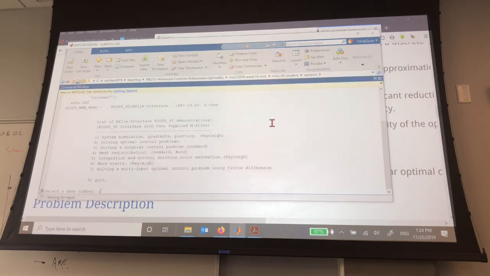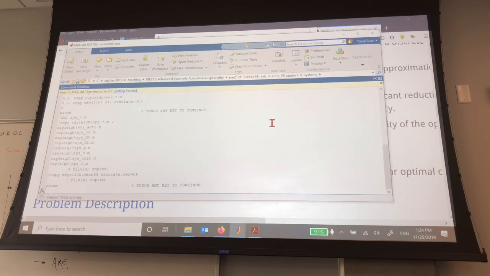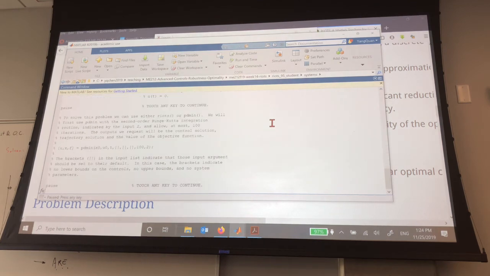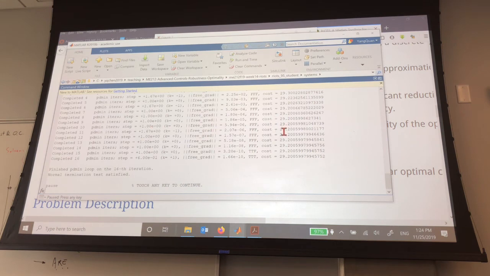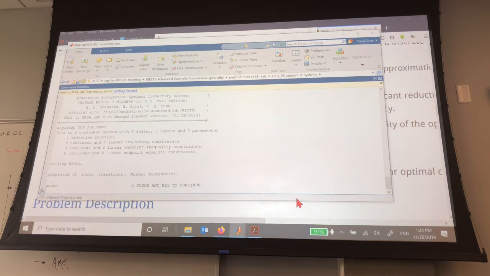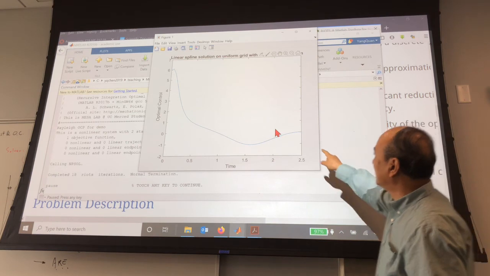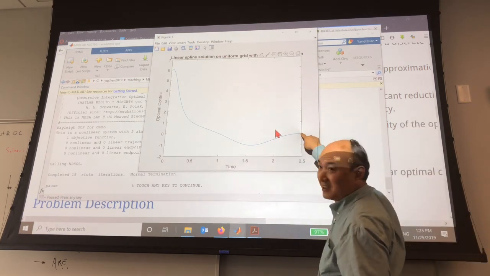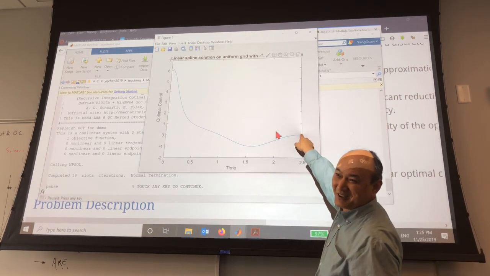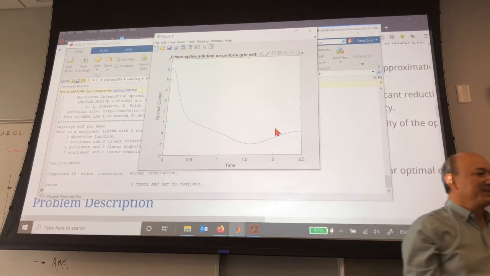And the second one is to run the Rayleigh problem. So you can see that linear spline solution on the uniform grid, and they will end up exactly at 0 as a terminal constraint, okay?